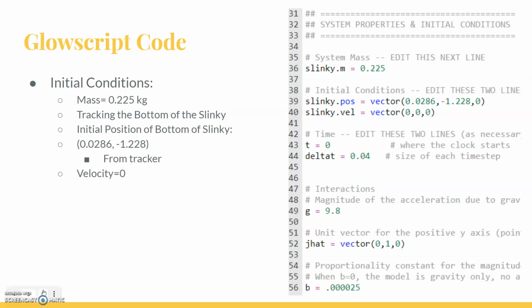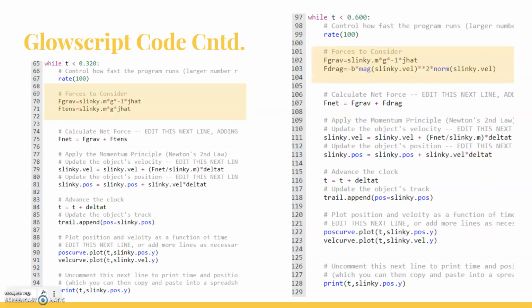I said the initial velocity was 0 as the slinky was initially dropped from rest, and the change in time was 0.04 seconds. As you can see, the value for b, which is the proportionality constant used in the drag force, I estimated to be 0.000025 in order to get as close to my final position as possible.